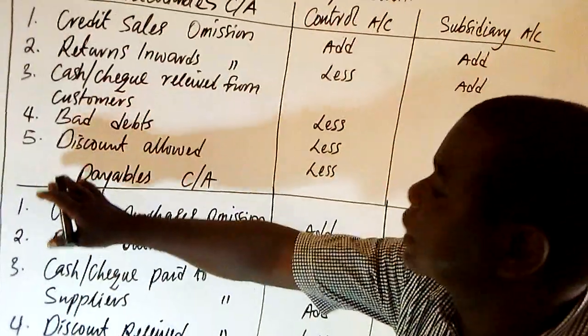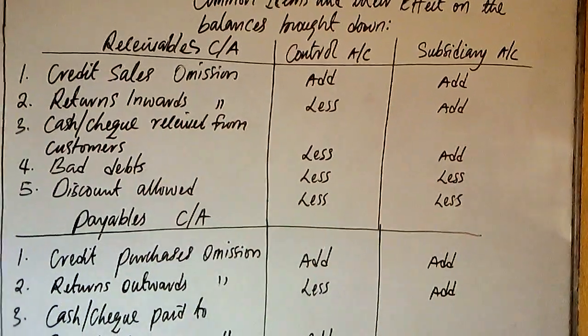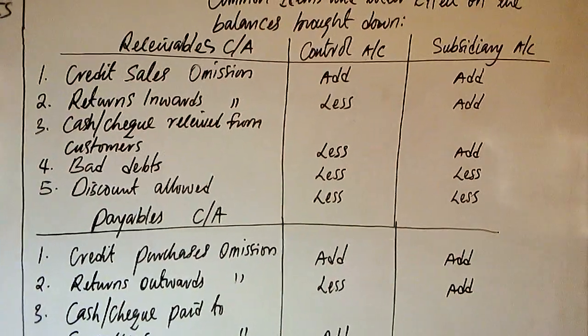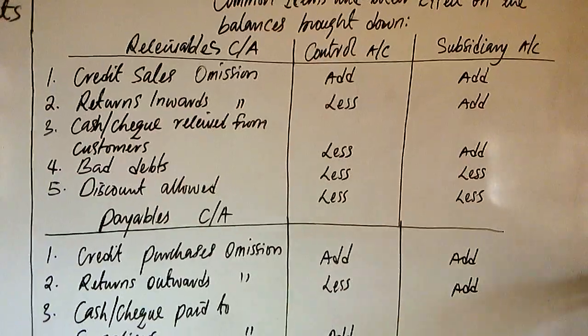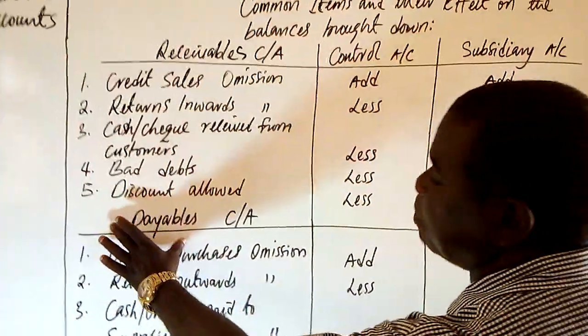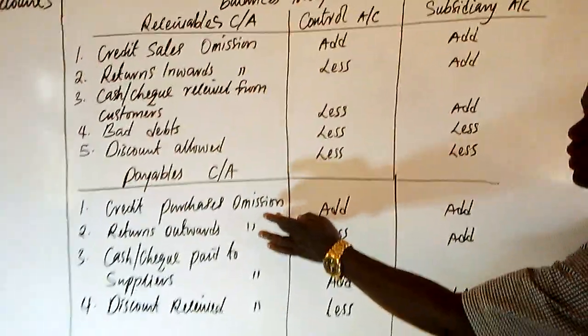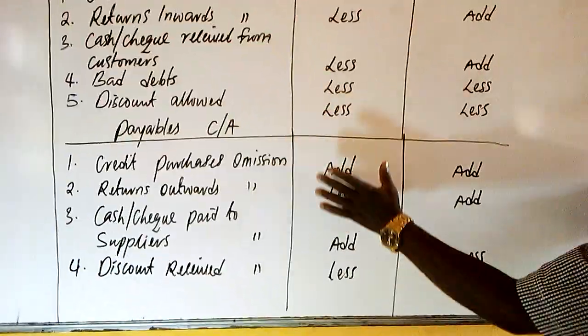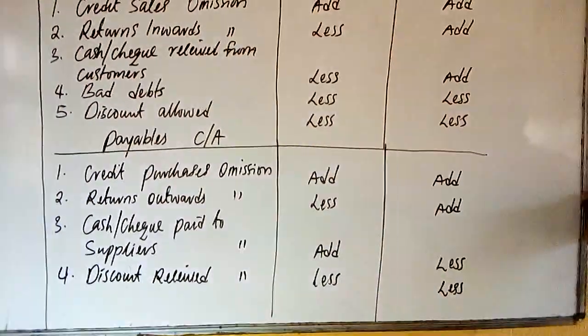Coming to accounts payable, here too it is almost the same thing as accounts receivable. So here we're talking about the payable control account. If there's a credit purchases omission, the amount in the control account will be added back.